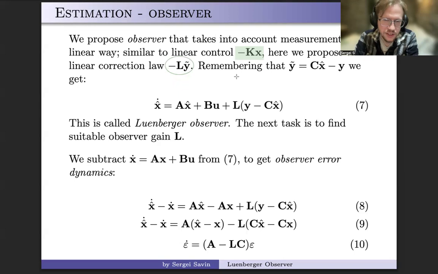Notice it is the same as Kx, but instead of x we have y tilde, our output error. L would be a gain, a controller gain, but now for the observer, not for the controller. And remember that y tilde is equal to C x hat minus y.